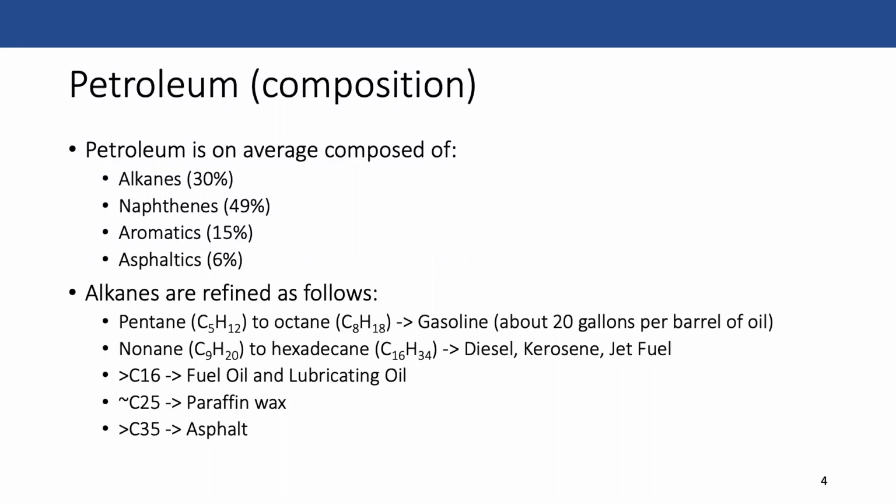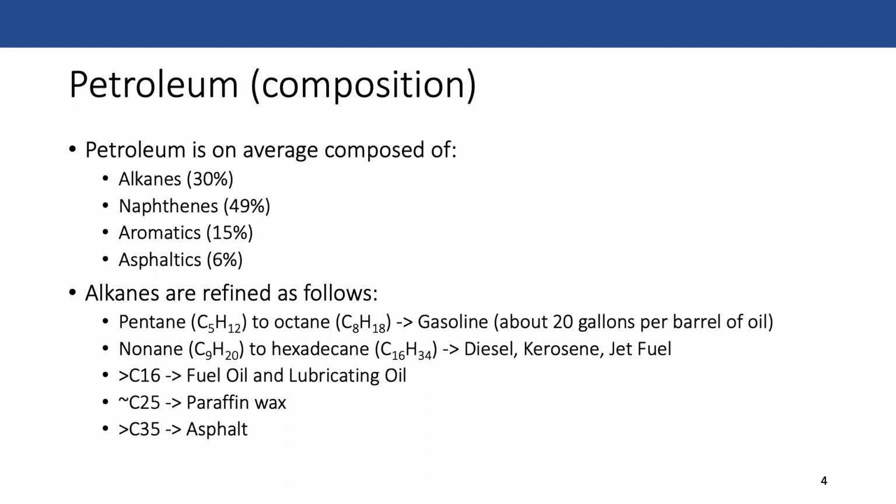The alkanes themselves are specifically these long hydrocarbon chains, and they can vary in length. The shorter end ones are anything from pentane to octane, and that's what we use for gasoline.